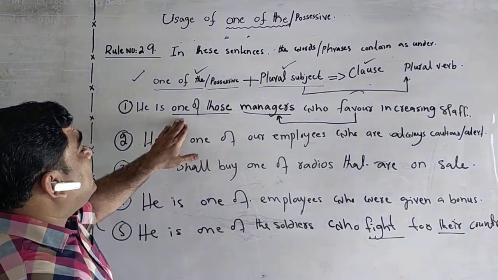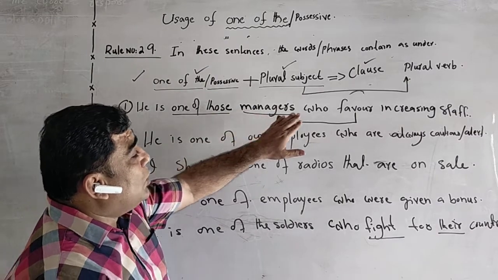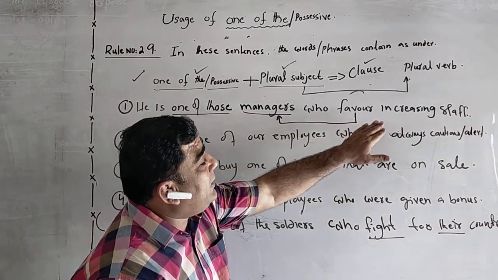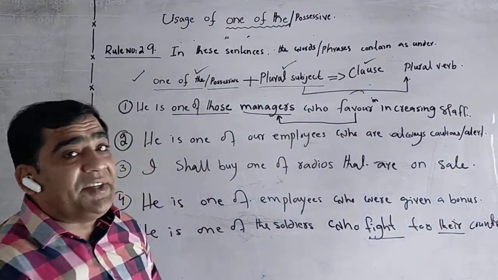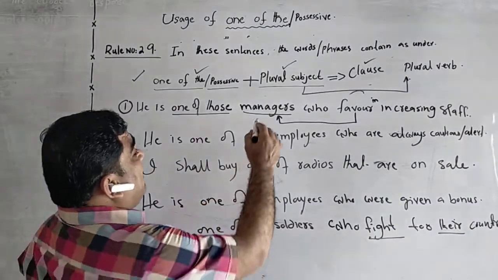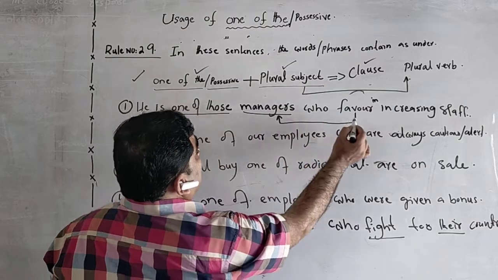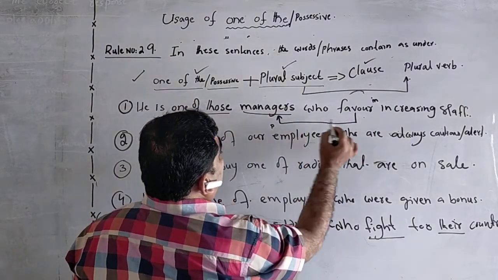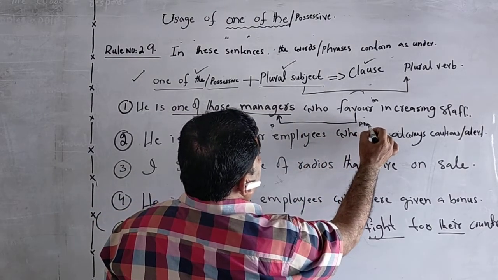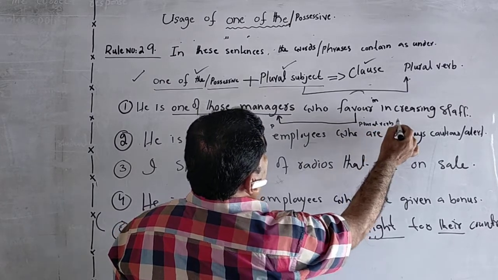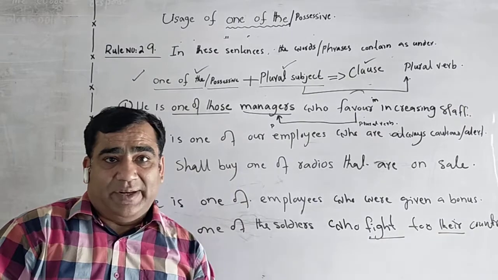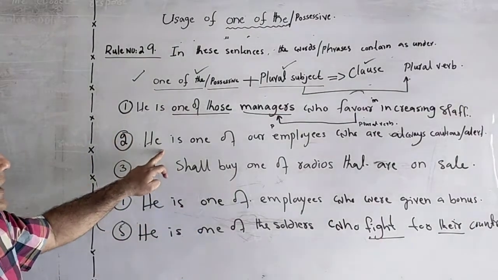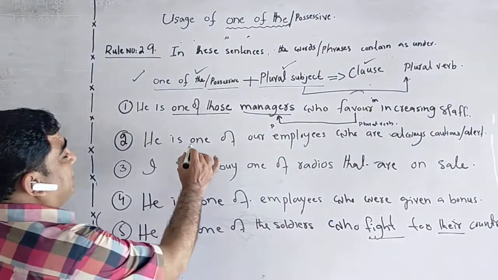He is one of those managers who favor increasing staff. See, so manager agrees to this one. Manager is plural, and we have a plural verb as well in this case, and that is totally different from the previous rule. He is one of the employees.